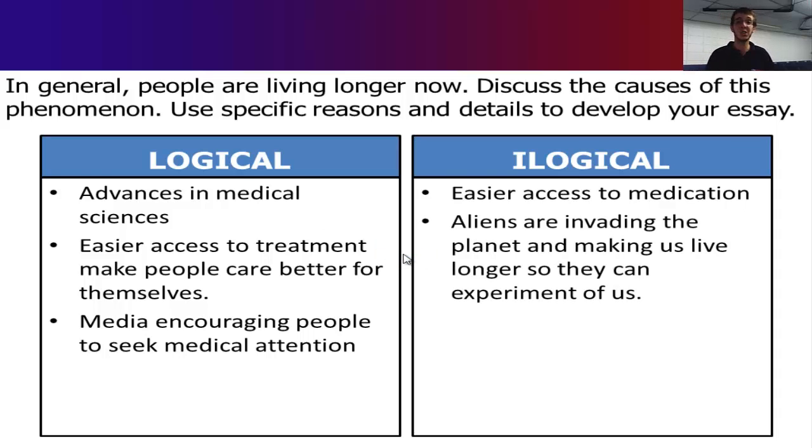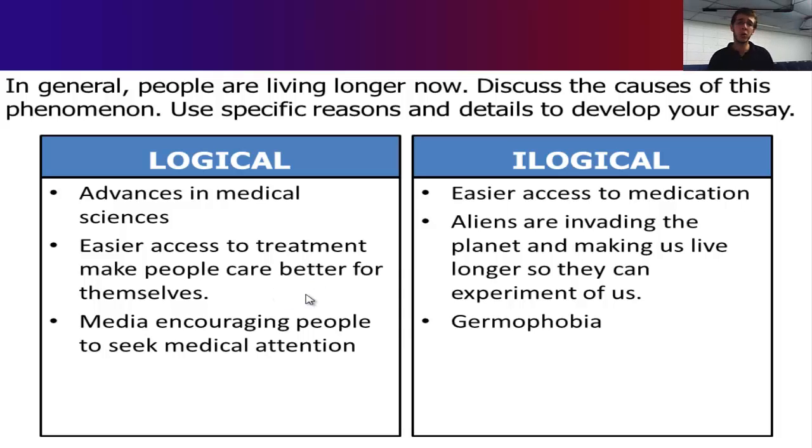Another one: aliens are invading the planet and making us live longer so they can experiment on us. This is just a crazy example that I chose. This actually has been mentioned in a TOEFL independent writing essay. The person didn't get a very good score because the argument was completely bat crap crazy, completely illogical.